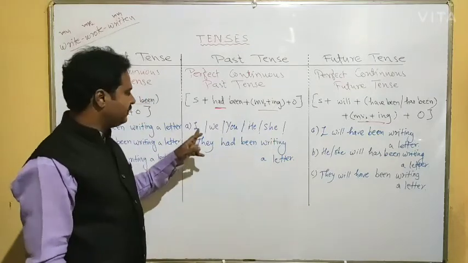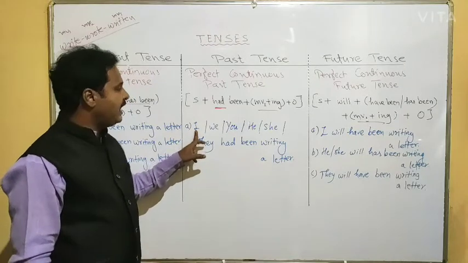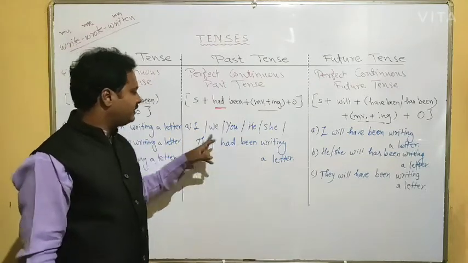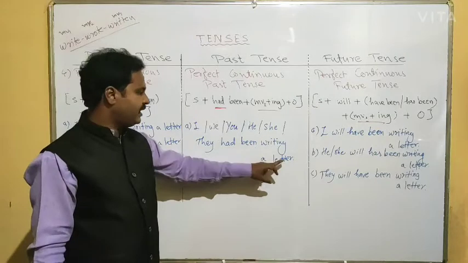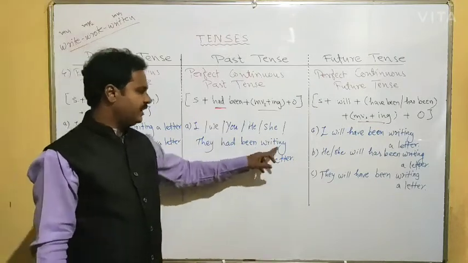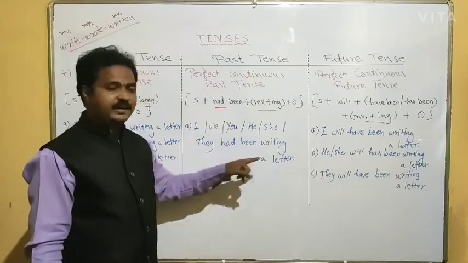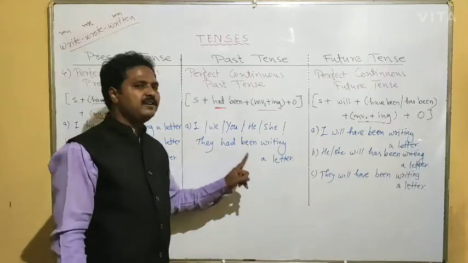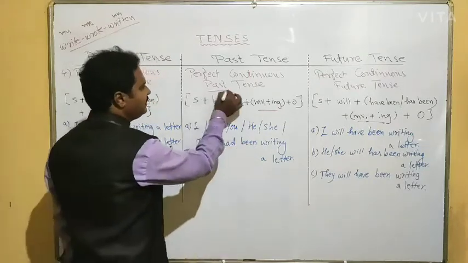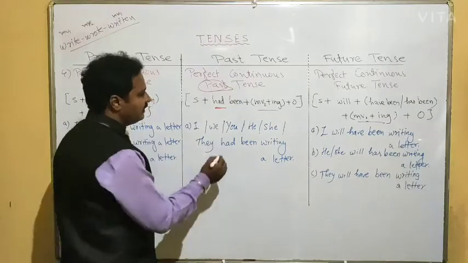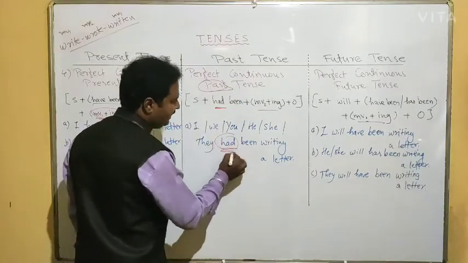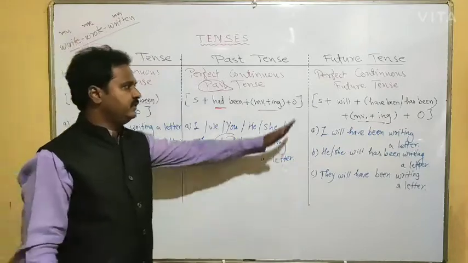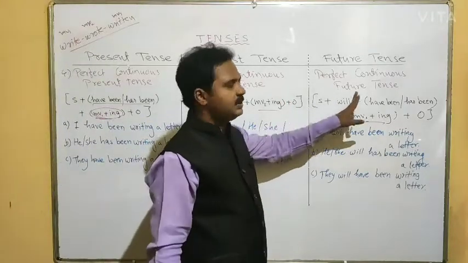Example: I had been writing a letter, we had been writing a letter, you had been writing a letter, he had been writing a letter, she had been writing a letter, or they had been writing a letter, because past tense is used here. That's why we have to use had. No change at all.